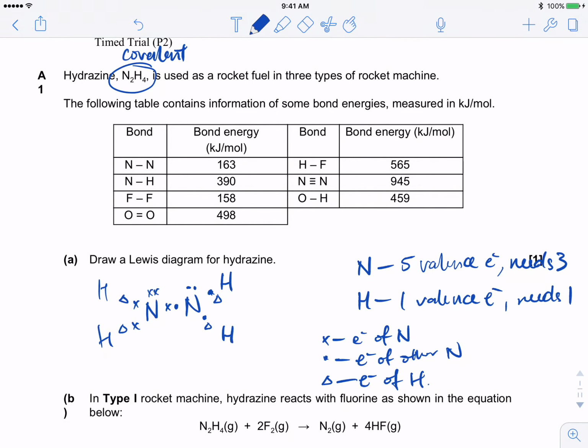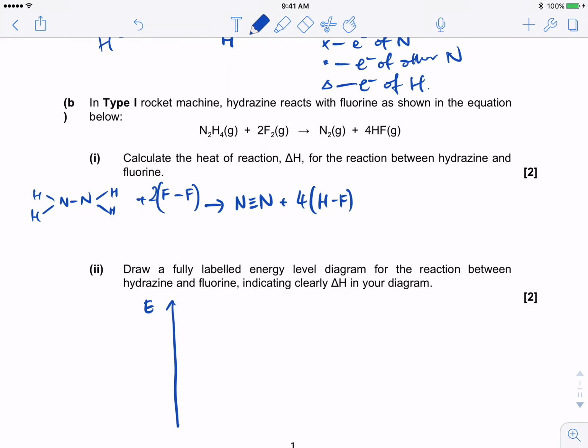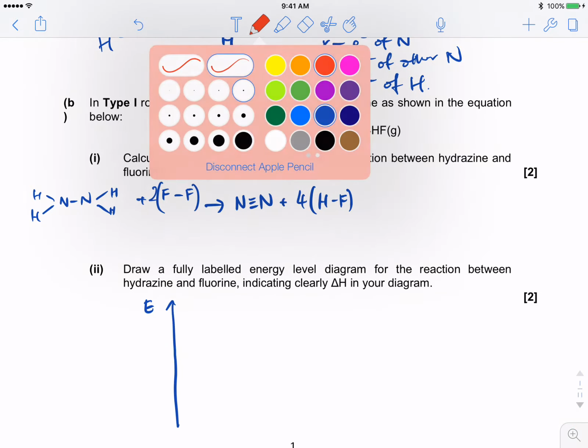Okay, let's continue. The second question asks you to calculate the heat of reaction, delta H, for the reaction between hydrazine and fluorine. For this kind of question, I will draw out the structural formula first, so it's clear to me exactly which bonds I need to form and which bonds I need to break.